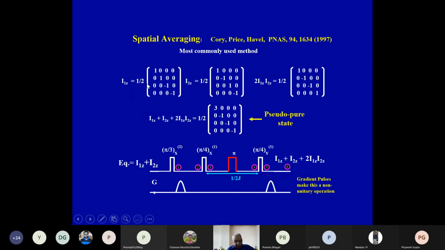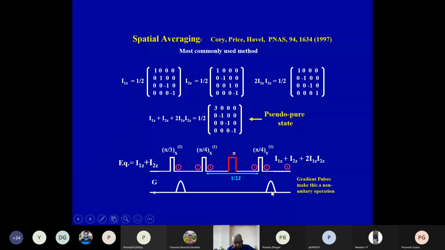Spatial averaging technique is this, that we go from the equilibrium system, where the equilibrium system is I1z plus I2z, and apply a series of pulses and J evolutions. Okay, and I come to a state which is equal to I1z plus I2z plus 2I1z I2z, and if you look at this, it has this population distribution.